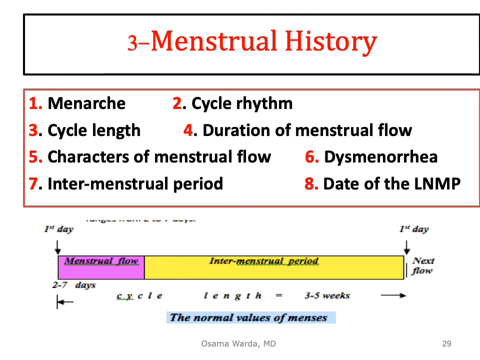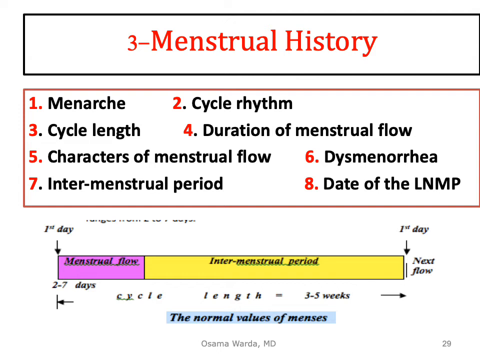We shift to the menstrual history. Menstrual history includes the following 8 items: menarche, which is the first day of the first menses in the woman's life. Then the cycle rhythm, which is regular or irregular.